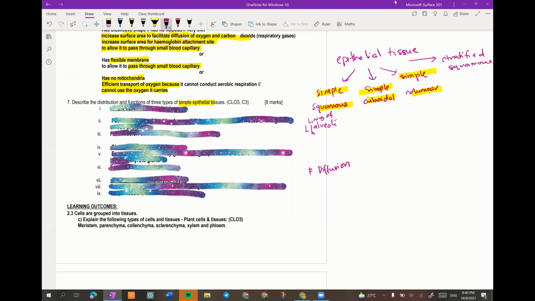Okay, sangat thin. And then untuk simple cuboidal dia dapat tebal sikit kan. So khas untuk lebih kepada secretion dengan absorption. So that being said, dia more toward lining of kidney. Okay, dalam kidney. So you kena bagi more specific lah dekat bahagian mana untuk yang secretion dengan absorption ni, which is more toward the proximal convoluted tubule.